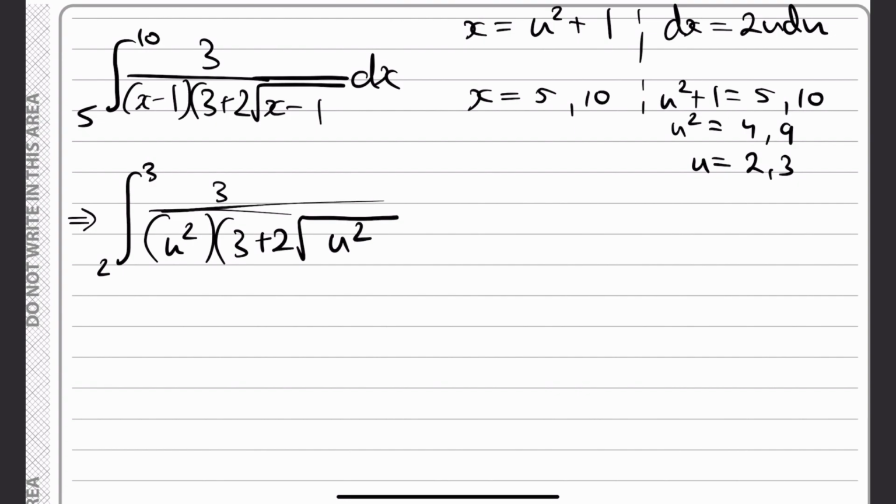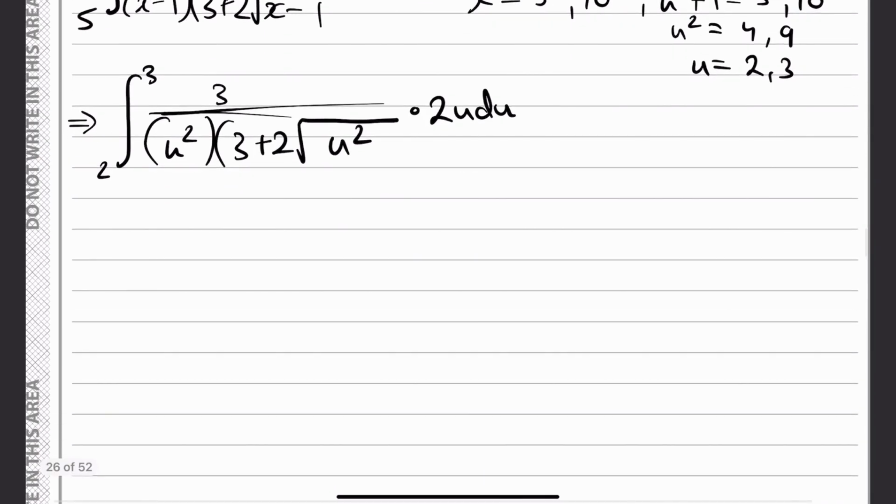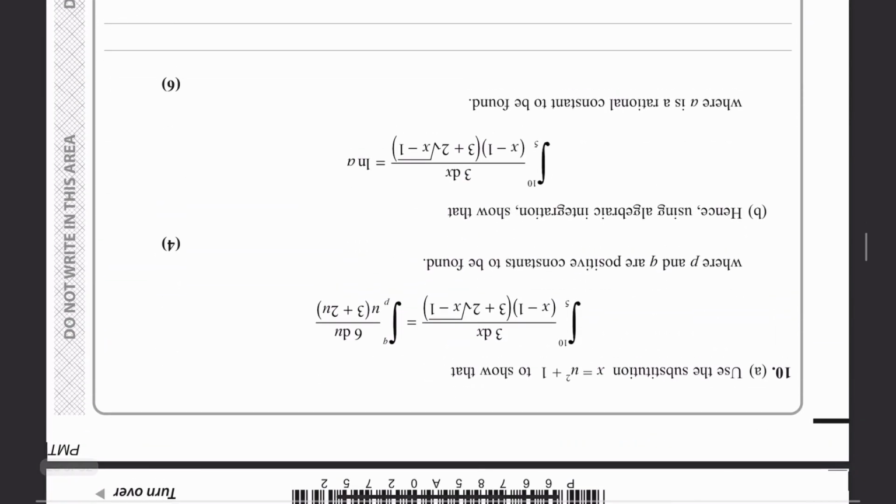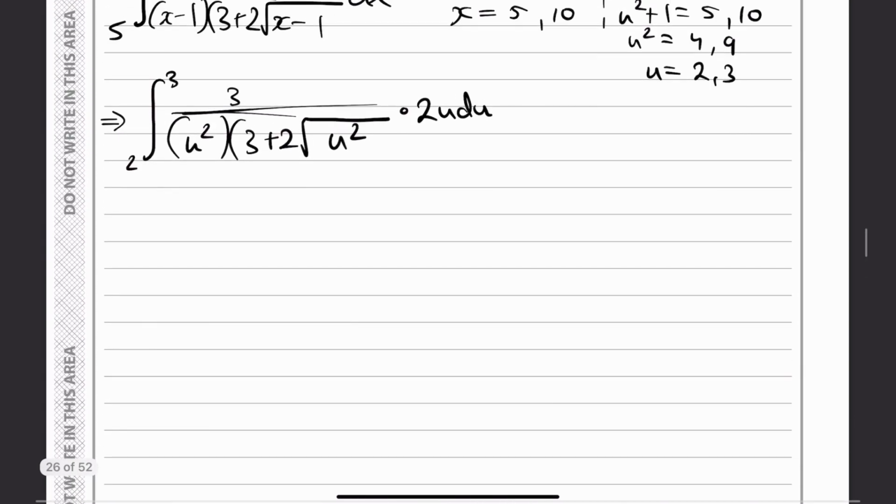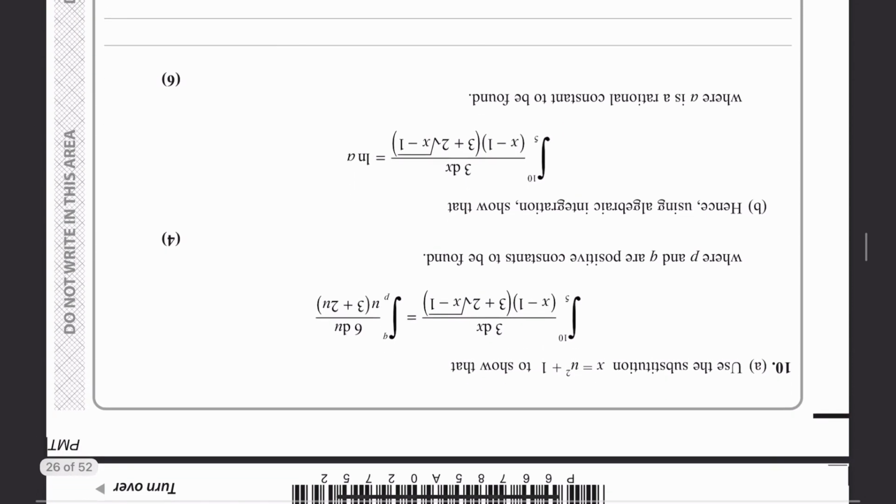And you already have dx like this. So times 2u du. Okay, this actually looks pretty easy now. And what form does it want me to get it in? So 6u, so it does not want me to change that, and then just fix the denominator.